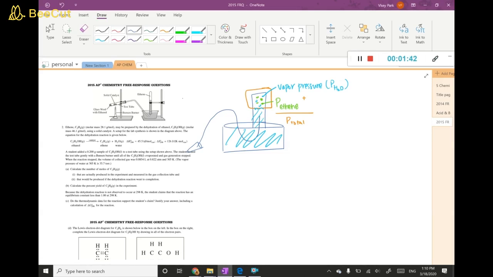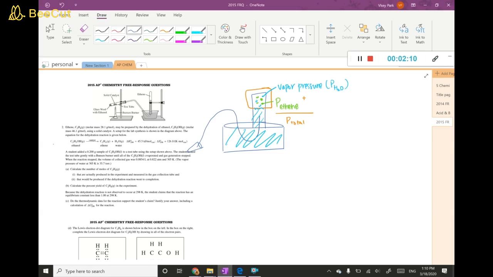So question number A. Okay, so basically it says ethene with molar mass may be prepared by dehydration of ethanol, and they gave you the molar mass for that, using a solid catalyst. A setup for the lab synthesis is shown in the diagram above. The equation for the dehydration reaction is given below. So they gave you the equation here with delta H's and delta S's. A student added 0.2 gram sample of ethanol to a test tube using the setup shown above.